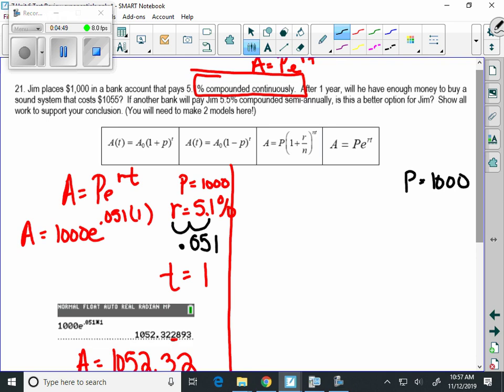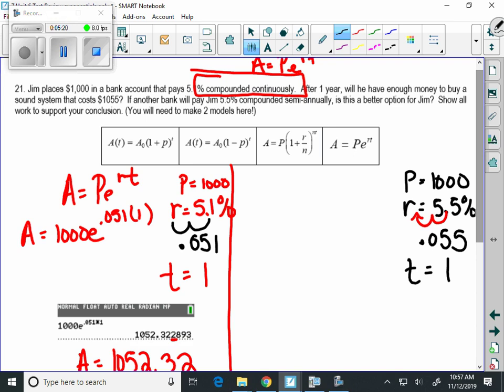But now his rate is going to be 5.5%, and we need to change that percent to a decimal. So we're going to move our decimal point 2 spaces to the left. So this is going to be 0.055. Our time is still going to be 1 year.